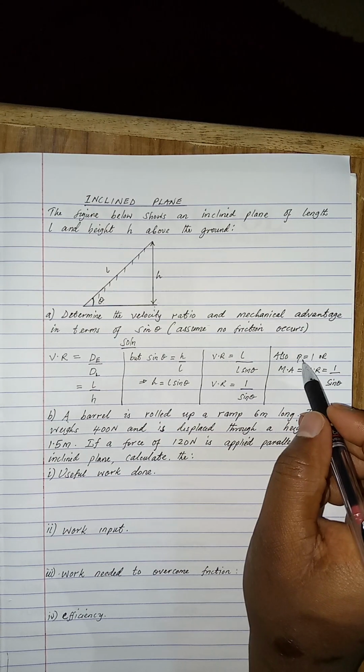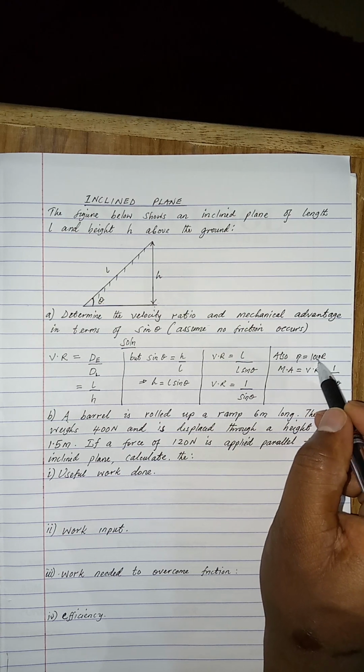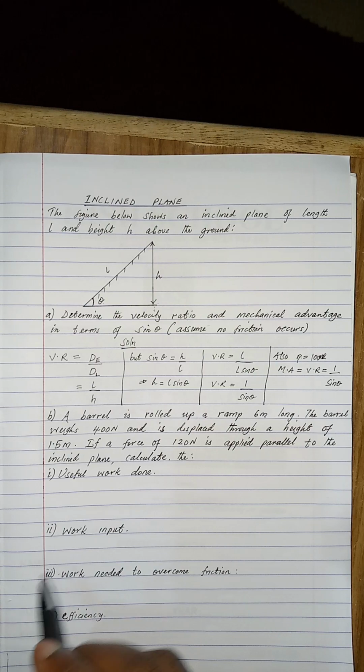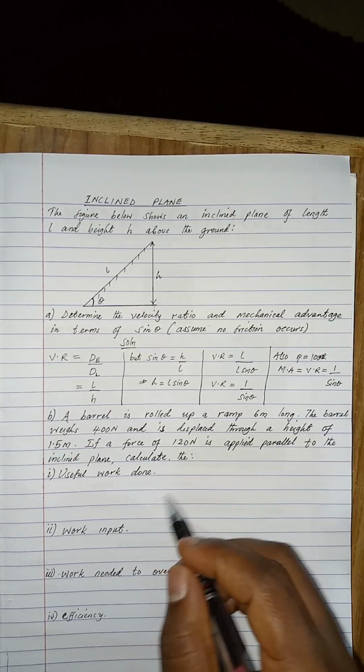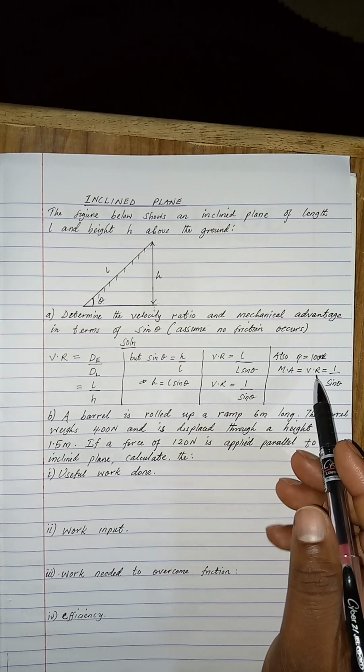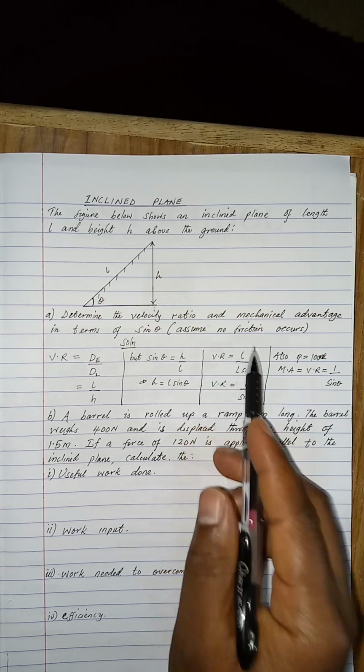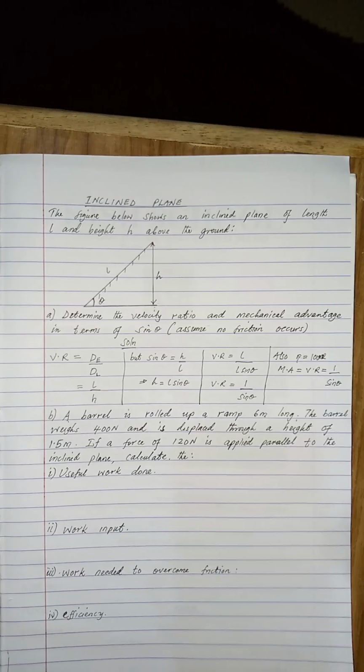I mean, efficiency is equivalent to 100%. So mechanical advantage is the same as VR, which is the same as 1 over sine theta, because there is no friction.